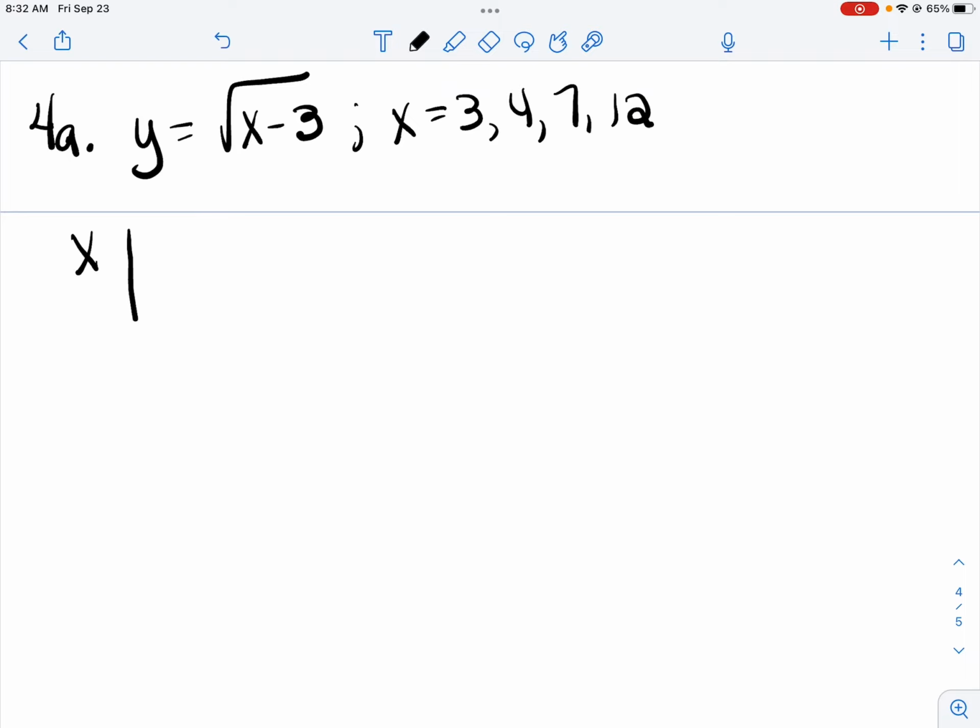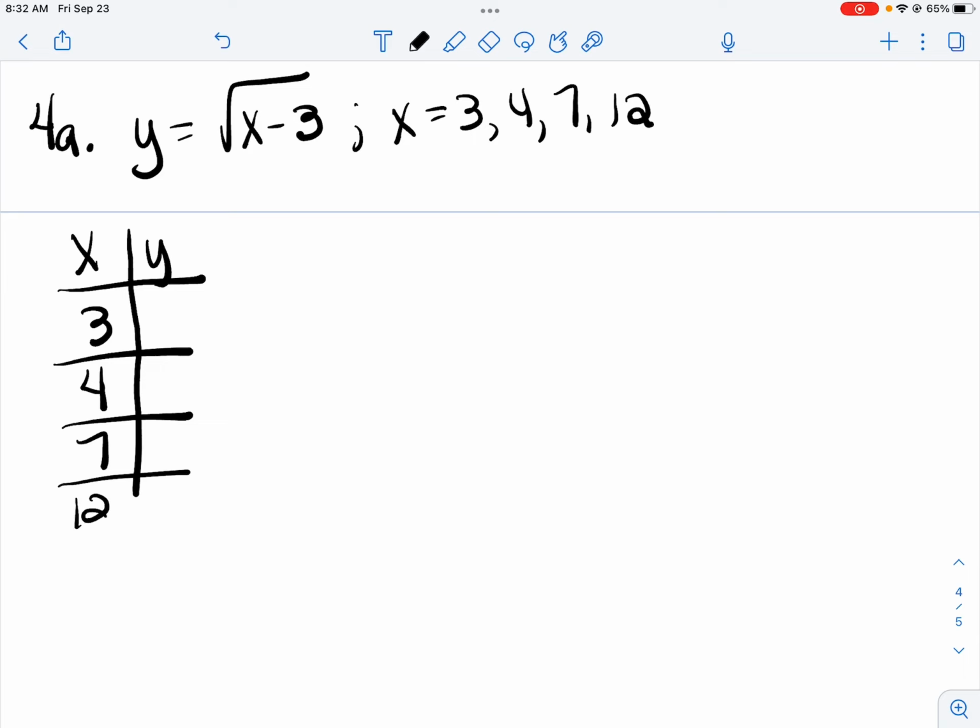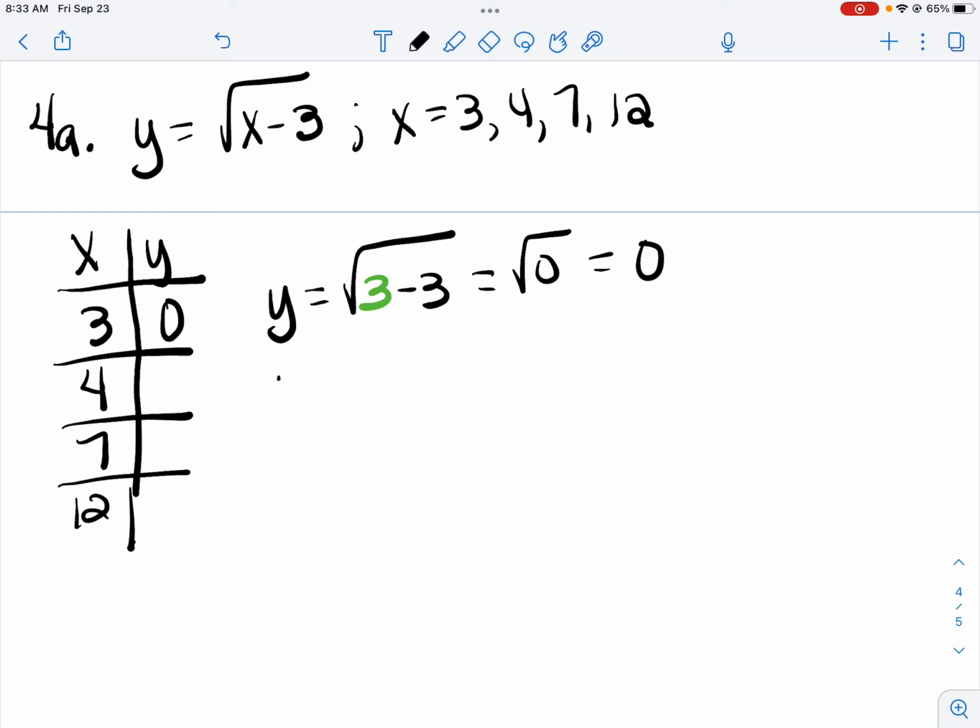I like to show my points on a t-table. And so my x's that I'm plugging in are 3, 4, 7, and 12. And I'm going to start by plugging in 3 for x. Three minus 3 is 0, and the square root of 0 is 0. Then plug in 4 for x. 4 minus 3 is 1, and the square root of 1 is 1.